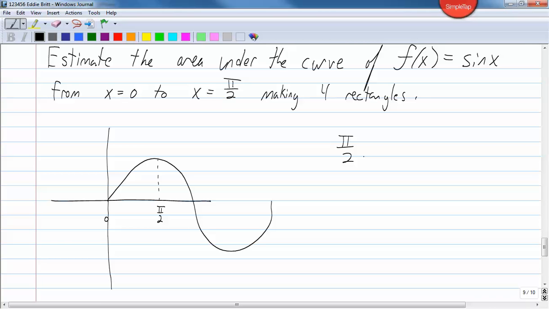So if we want to divide that into 4 even rectangles, rectangles that have the same width, you just divide that by 4. So dividing by 4 is the same as multiplying by 1/4. So each rectangle will have a width of pi over 8.